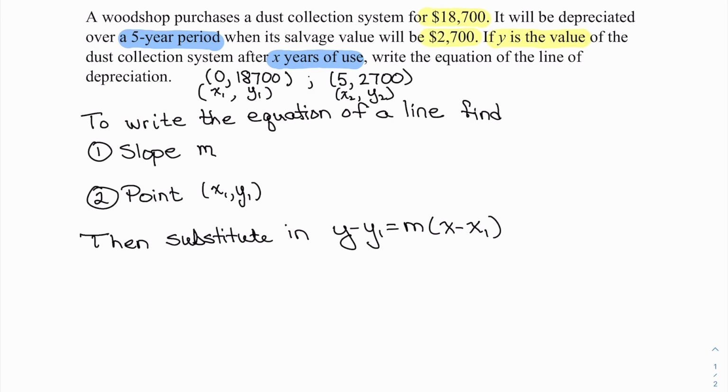So now slope. They did not hand me the slope, so I need to look at the information that I have and try to extract where I can find the slope. Well, we know from previous work that we find the slope when we're given 2 points from the formula. And we'll just do our slope work over here.